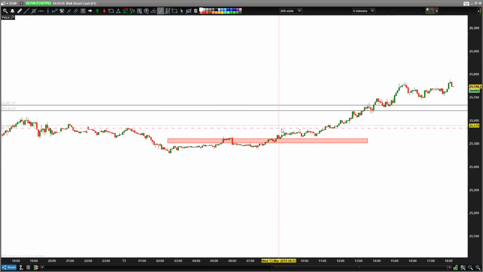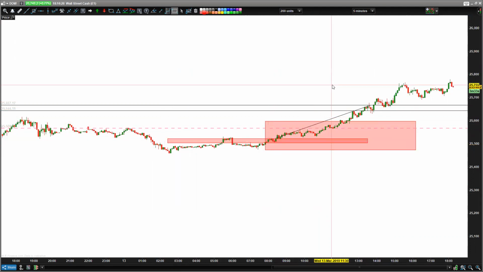So had we done that, you would have had that amount of profit from the Euro session. You could have ring-fenced at least that profit and then started trading in here.